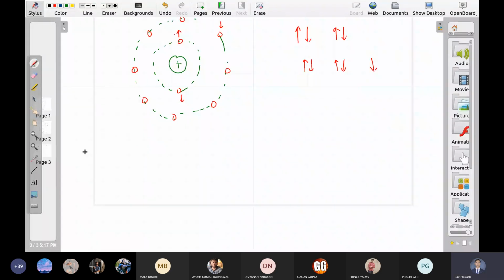No applied magnetic field. All electrons are paired. What does it mean? What is the net magnetic moment due to spin?